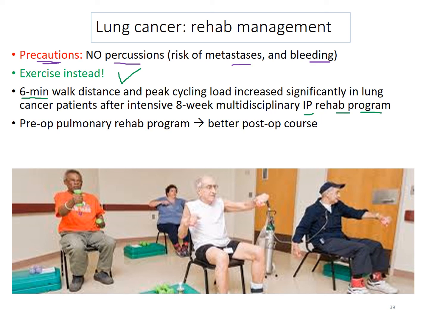And patients who did pre-op pulmonary rehab prior to having their wedge resection or lobectomy had a significantly better post-op course. So exercise is very useful in this patient population.